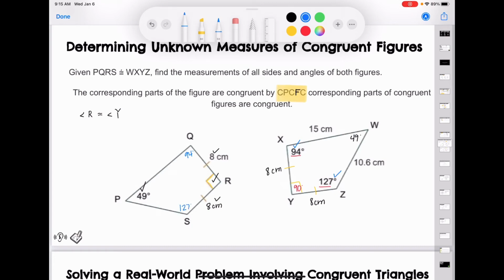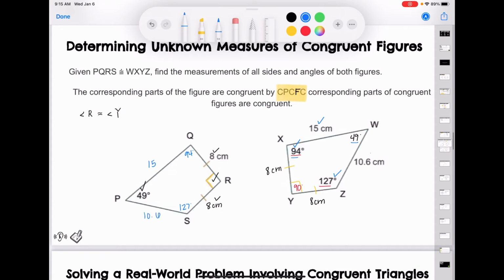And what else have we forgotten to map? Well, we've forgotten to map these two different lengths. So we need the 15. We know the 15 is above the 94 and the 49, which would be located right here. And then our last line segment that we need to fill out would be P and S, and that is 10.6, which we got from right here.